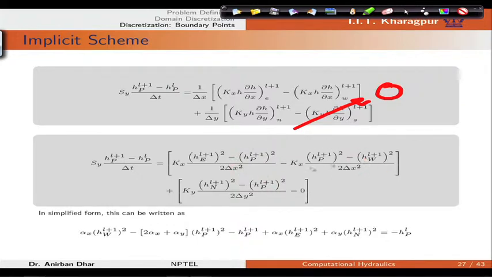Now, we have 2 alpha x coming from here, and alpha y only one term here, and again H p L plus 1 which is coming here, and alpha x E n w, but no H s L plus 1 term in this case.